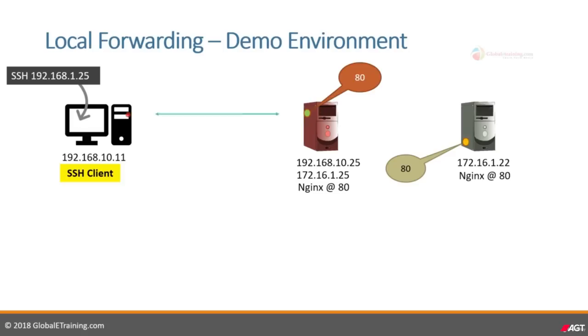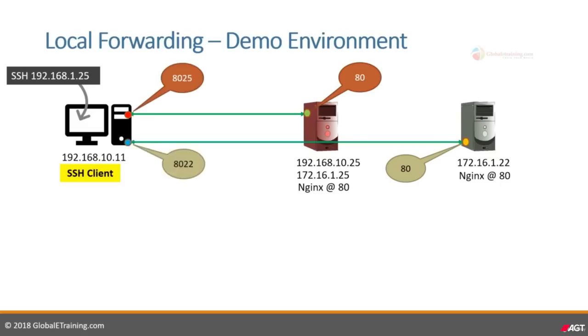Here is the exact same diagram, but with some IP addresses and specific ports to give you a good understanding. The client machine IP is 192.168.10.11, which is on our bridge network within our VirtualBox environment. The one in the middle has IP addresses ending in .25 and .25, of course on the 192 network and the 172 network.